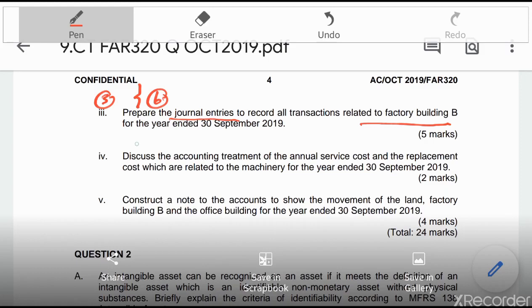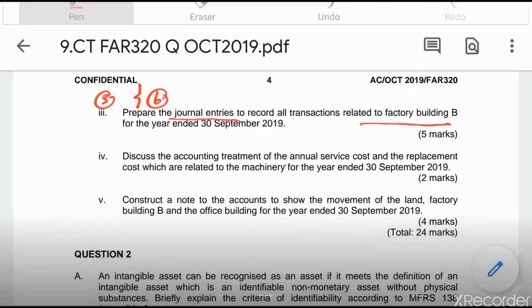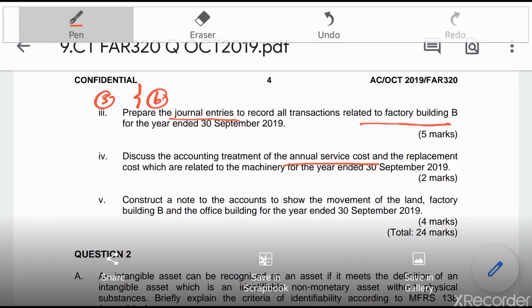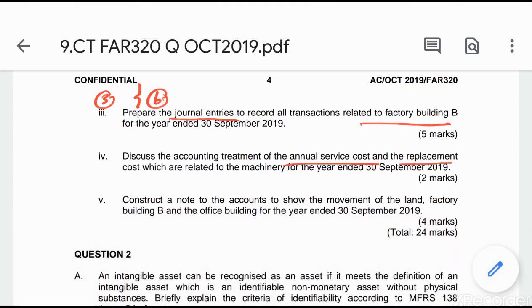Next is number 4. You are asked to discuss the accounting treatment for the annual service cost. Remember, I told you service cost is just to maintain the performance. So you need to discuss what to do with the service cost. It is expensed off because it does not enhance the future economic benefits. You need to explain that. And what is also the accounting treatment for the replacement cost?